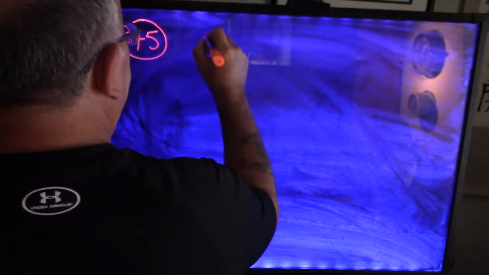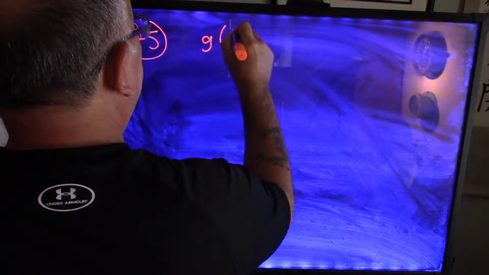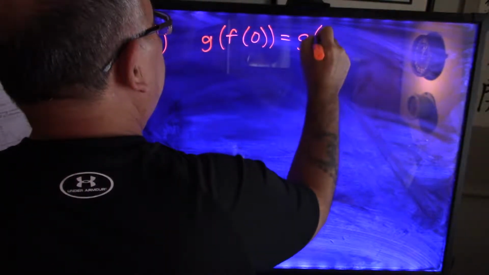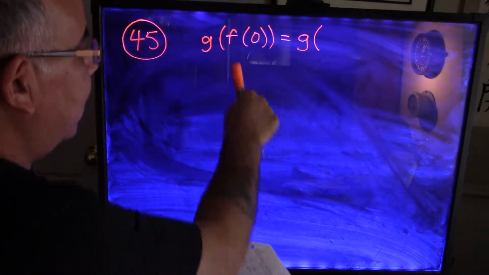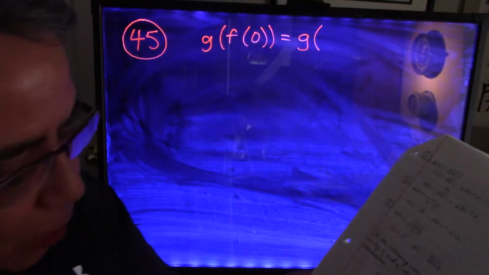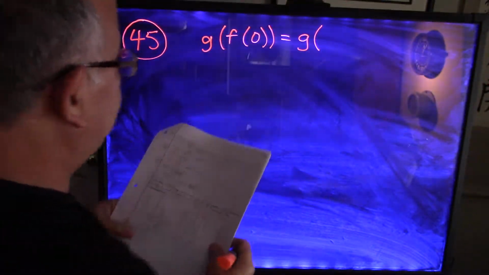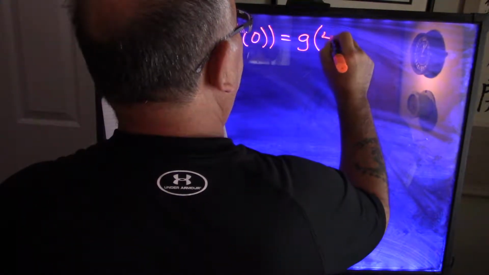Number 45. We have g of f of 0. So let's do f of 0, the innermost function there. Now you look on the graph of f here. F of 0 is 4. Okay. F of 0 is 4, so that's g of 4.